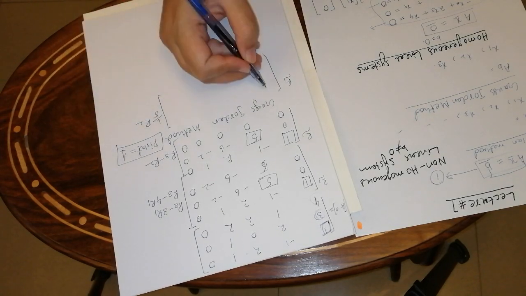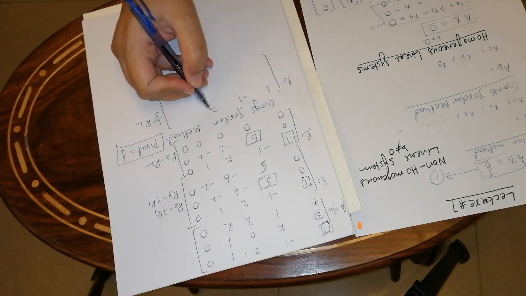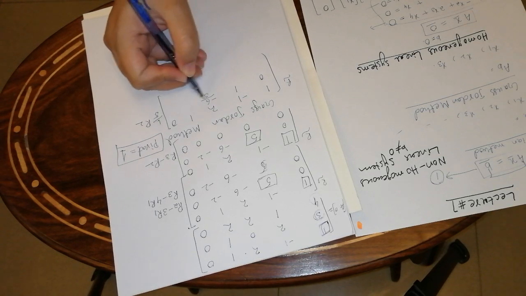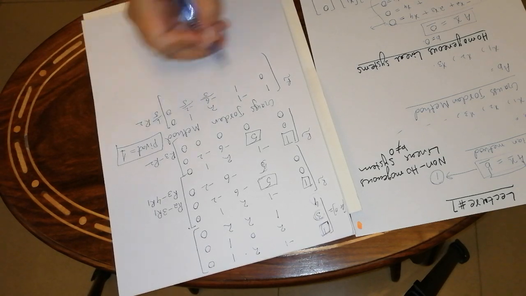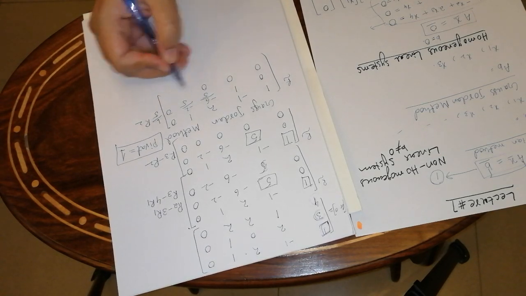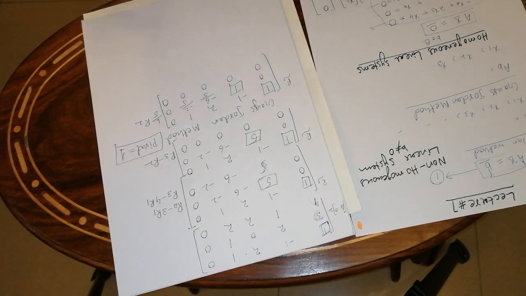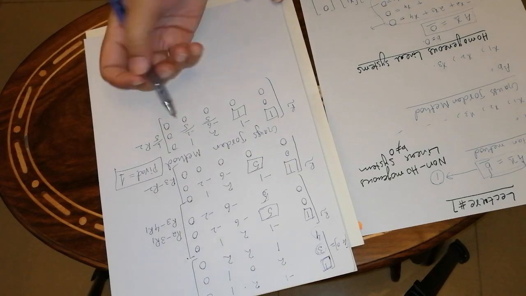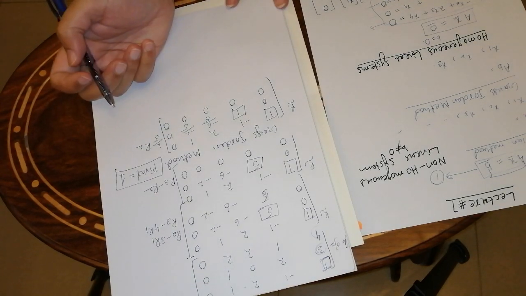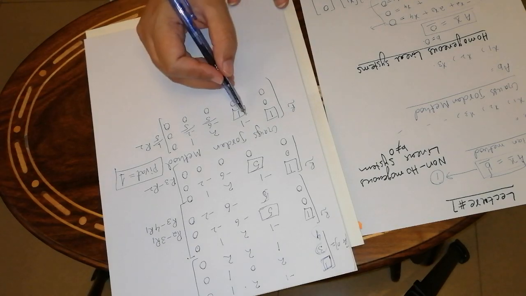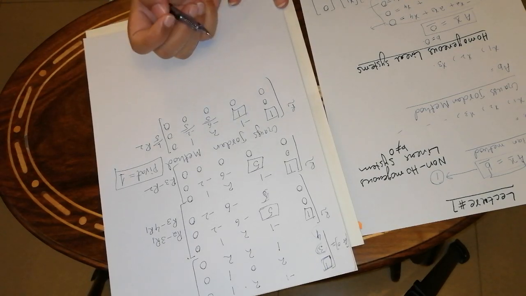Write down the first and third row as it is. So this is the first pivot, this is the second pivot. Now the second condition for the Gauss-Jordan method is, we have to make all entries below the pivot entry equal to 0 and all entries above the pivot entry equal to 0.